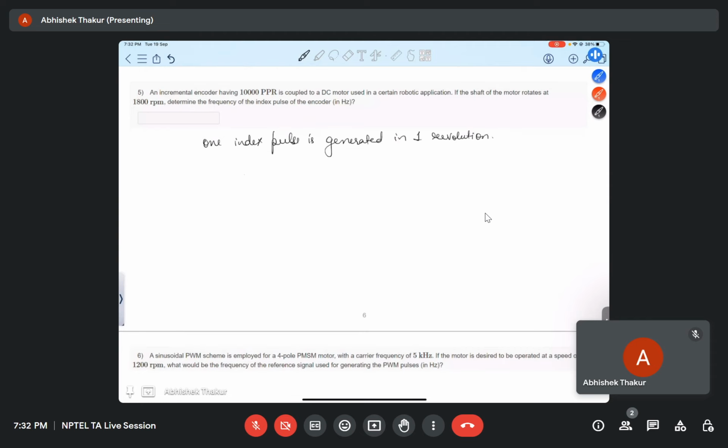The shaft rotates at 1800 rotations per minute.